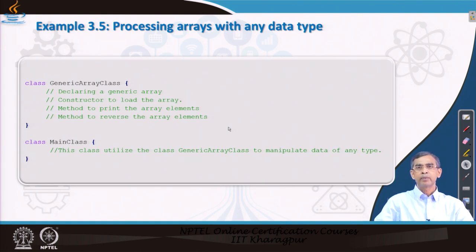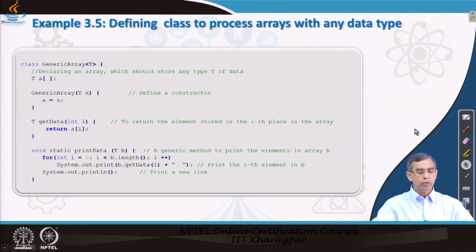You can recall the classes that we discussed for integer arrays and strings, which we dealt with separately, but we can do it in a generic way. So here is the code, you should note it. The code is very simple again, similar to the previous, with only minor differences.